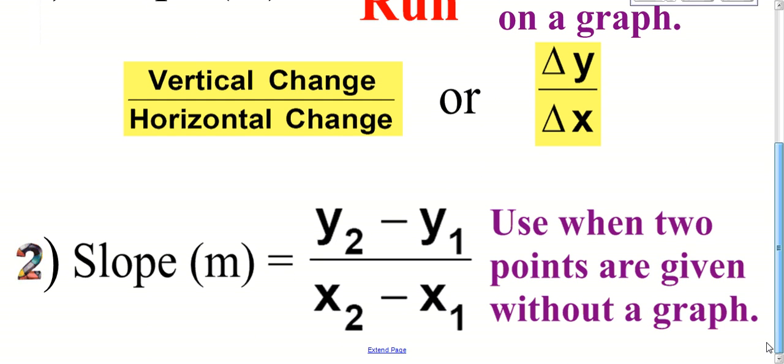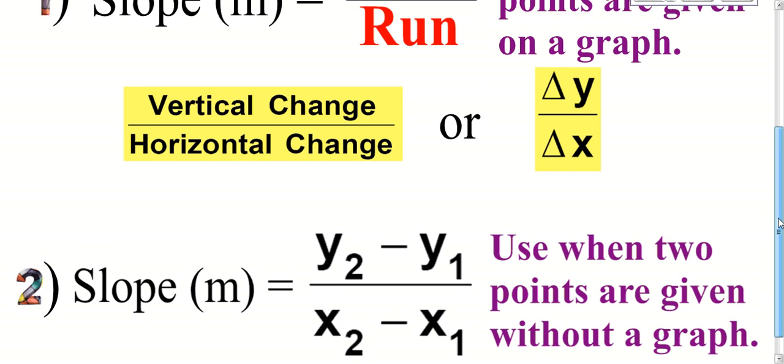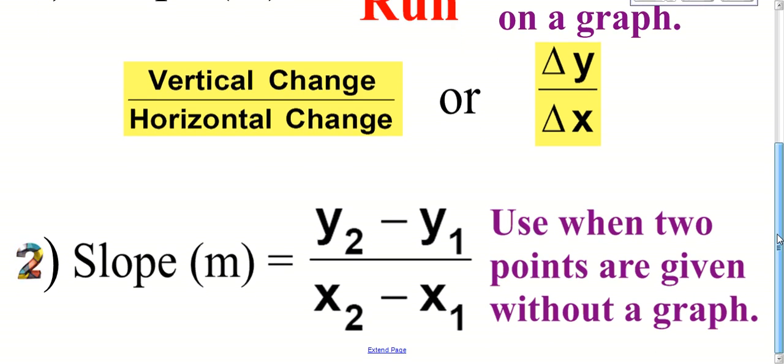Or you can use the y2 minus y1 over x2 minus x1 formula. This formula is the same as rise over run. The only difference is you use this formula when 2 points are given without a graph.